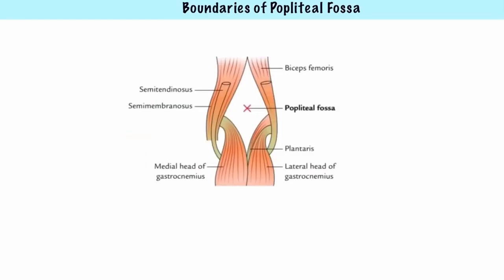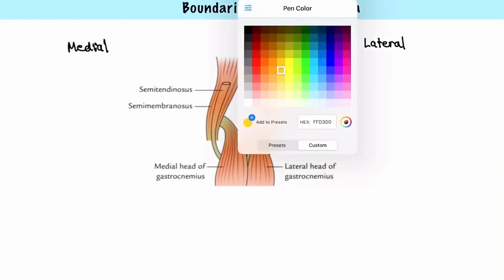Now let's talk about the boundaries of popliteal fossa. This diagram shows boundaries of the right popliteal fossa. So this is the lateral side, this is the medial side. In the boundaries, we are going to talk about 4 things.